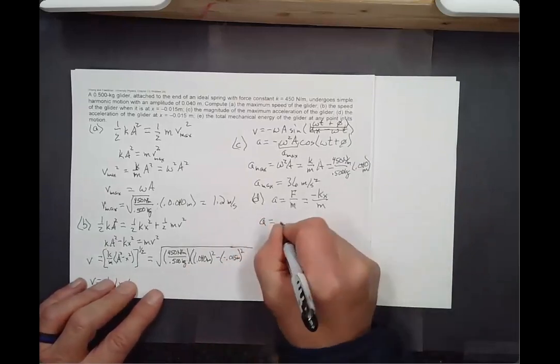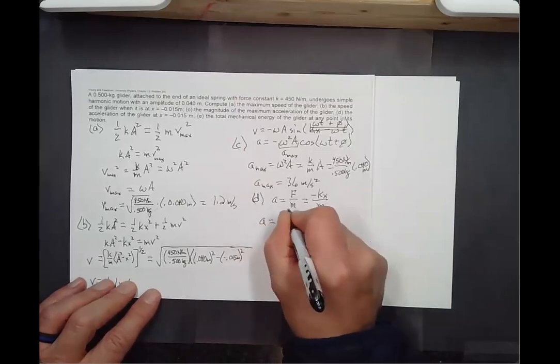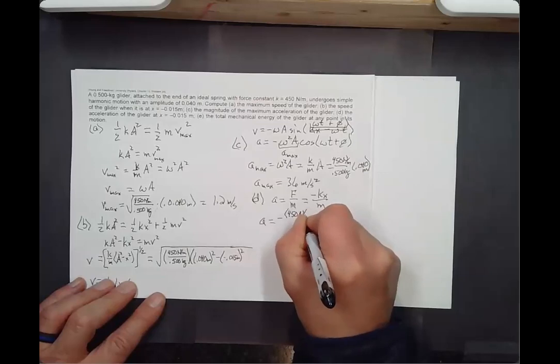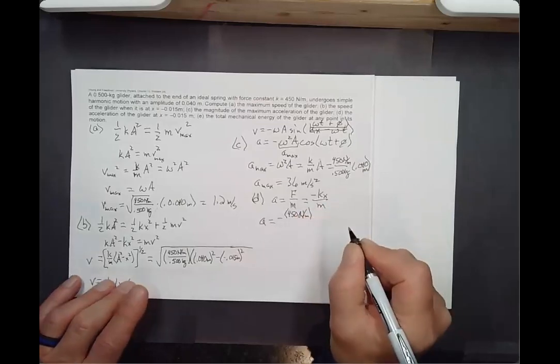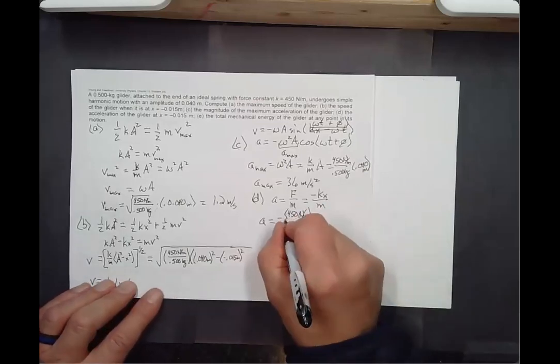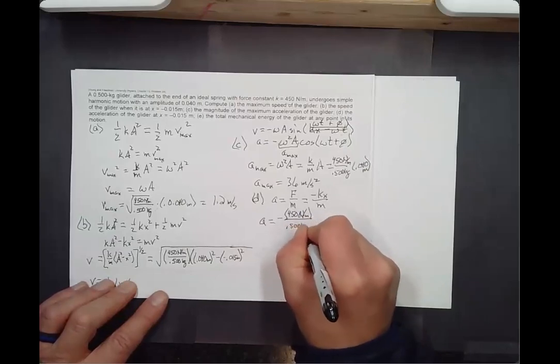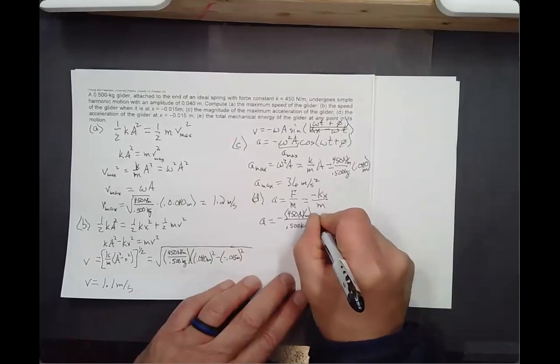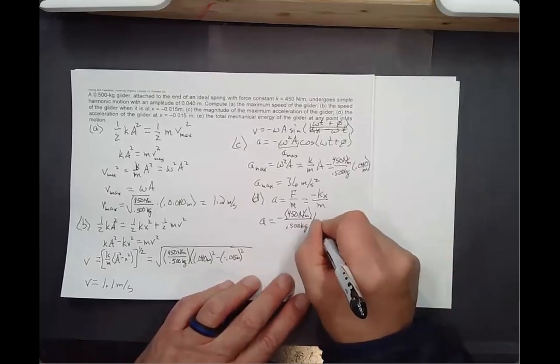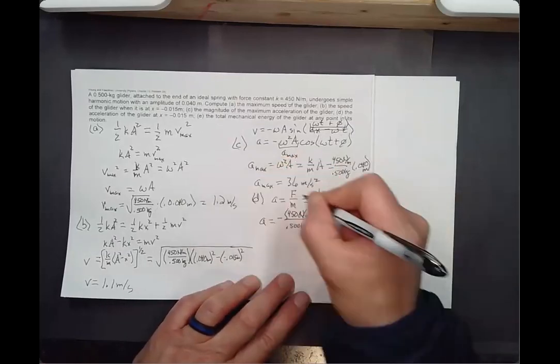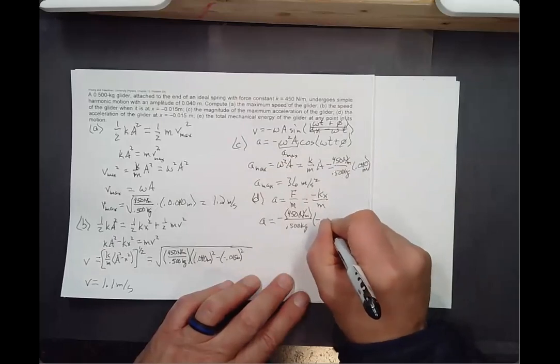So anyway, I would have minus 450 newtons per meter divided by 0.500 kilograms times x, which is minus 0.015 meters.